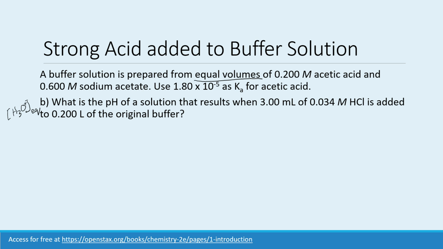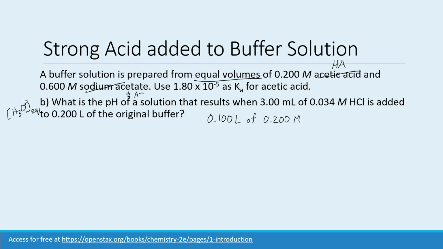So what is tricky here compared to all the previous examples is that the volume is changing. Right now we're adding 3 milliliters to essentially 200 milliliters or 0.2 liters of the solution. And when the buffer solution was created, we had equal volumes of each. Right, so to get that 0.2 liters, that means that we used 0.1 liter, half of that, of the acetic acid, so the 0.200 molar acetic acid, we're going to mark that out and write it as HA, generalize it.